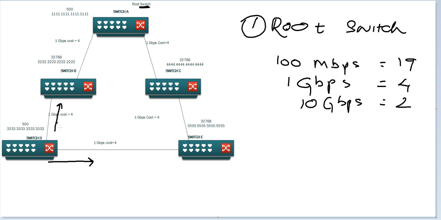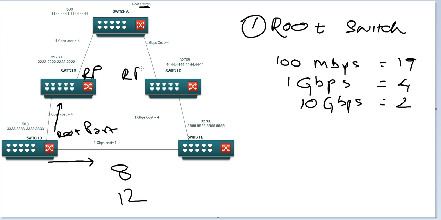Now I'm doing a little complex one here. Switch D can go in this direction, but the cost will then become 4 plus 4 plus 4, which is 12, higher than 4 and 4 here. So the cost from switch D to A through B is 8, which is less than switch D traveling to switch E, then C, and then A, which is 12. So this becomes the root port.